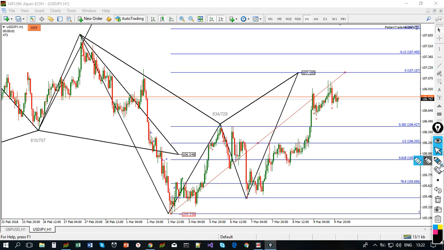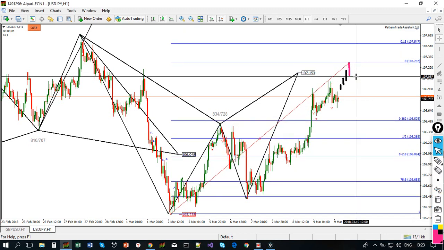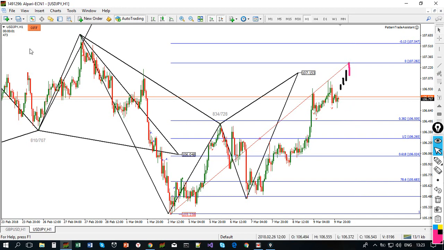And if the reversal happens here like this, and then we have a reversal like this, if the reversal happens here, then we will have a take profit of 61.1, and the stop loss will stay 47.3.